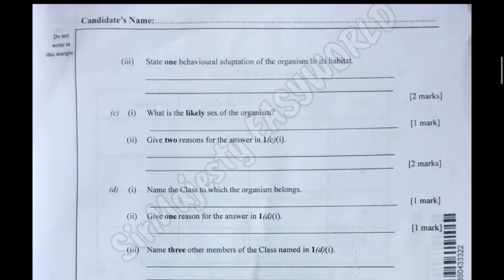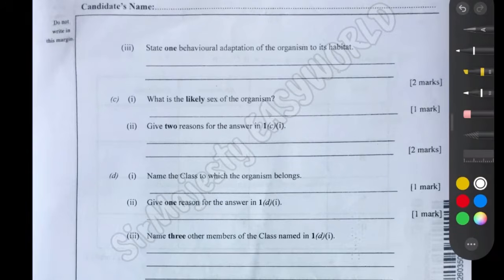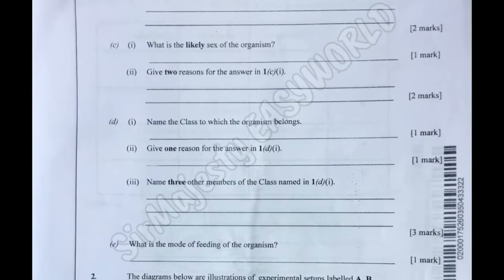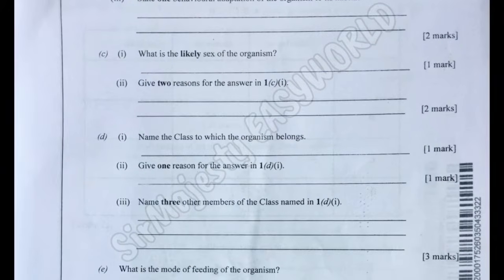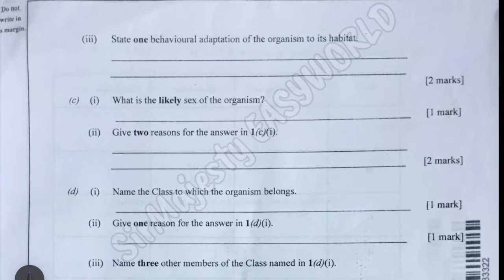Okay. Continuation. This one says state one behavioral adaptation of the organism. So the behavioral adaptation here, we will be focused on not the structural adaptation.